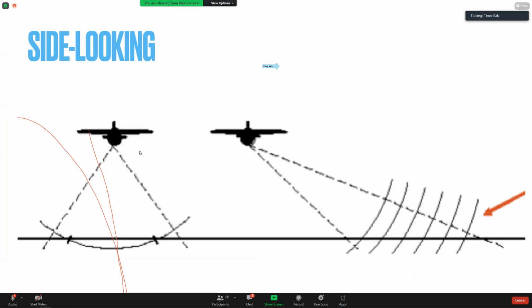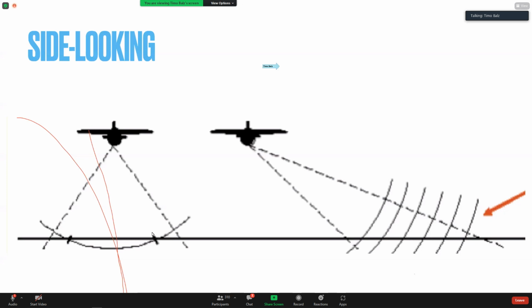If we now have such a very wide beam like here on the left side, and you put that looking downward toward the ground, you will cover a large area with one pulse, with one beam. So the left side of your signal and the right side of your signal are at the same distance. They will come back at the same time.